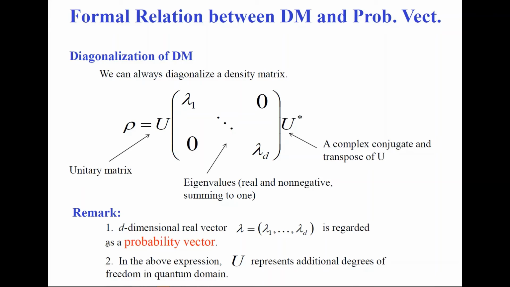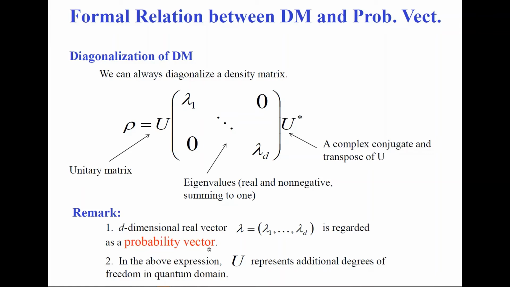because, the remark, first one: the d-dimensional real vector, denoted by lambda, is regarded as a probability vector because it is non-negative and summing to 1, very formally.